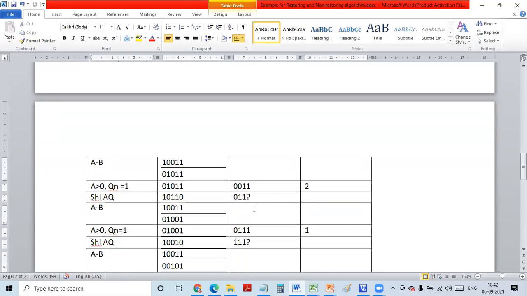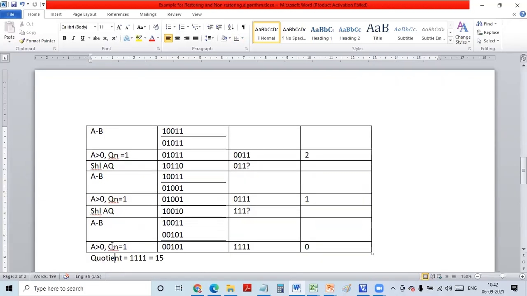So the present inspecting bit is also 1. Next, reduce the counter and check against 0. It is not 0. So again, proceed with shift and then add minus b, because the previous value of Qn is 1. I add minus b, and I'm getting this result.